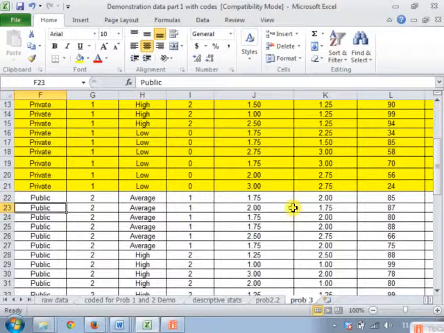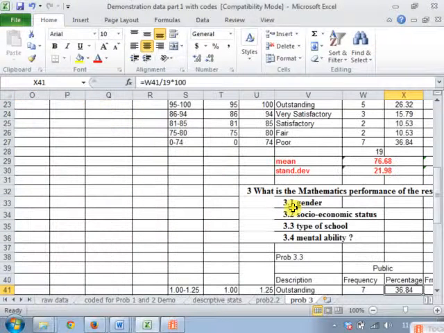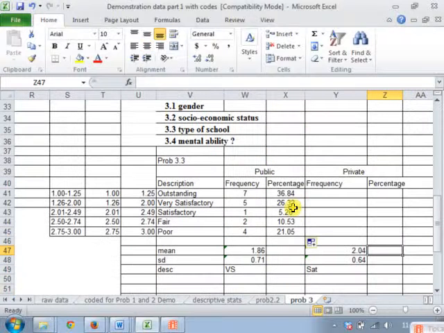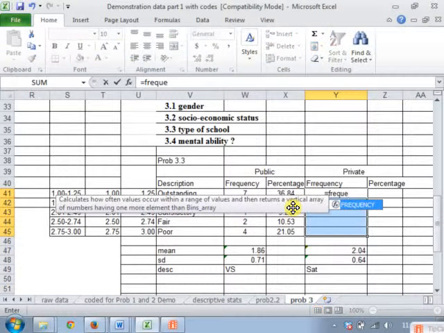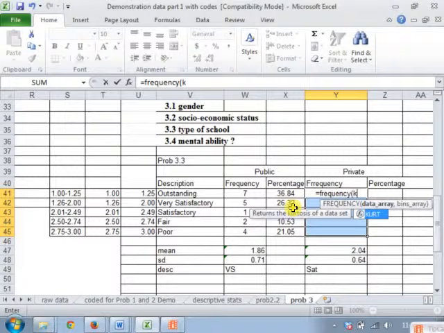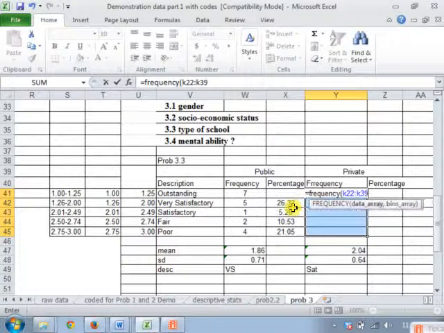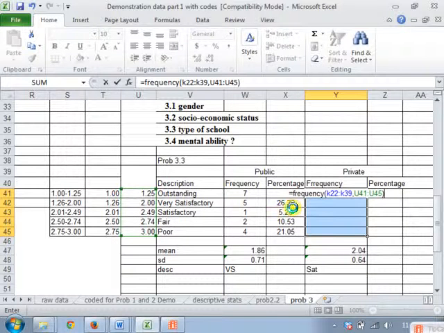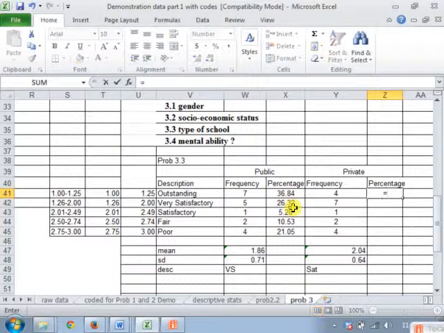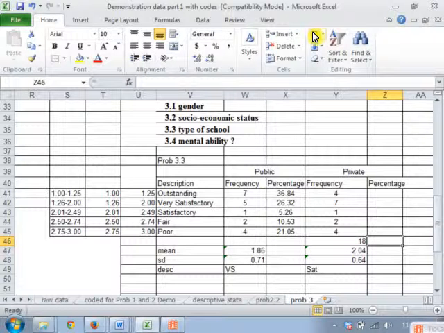Okay. Sige. What is our K22 to K39, no? Alright. And then we'll solve those from the private. So we have frequency, and then we have K22 hanggang K39, comma, the upper limit. Okay, and then Control Shift Enter. And then of course, what's the total of private? Oo, 18. 37 yata lahat, di ba?